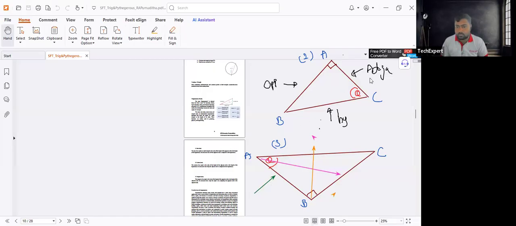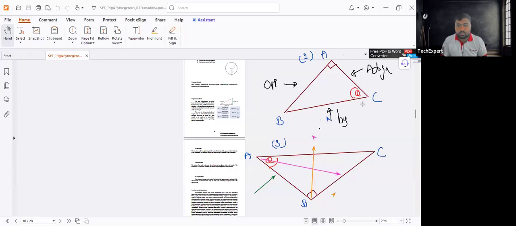Just follow those three steps. First of all, find the hypotenuse, then the opposite side, then the remaining one is the adjacent side. You can also start from the opposite side, that is okay. You can find the opposite side easily, then the hypotenuse and adjacent side. However, it is better to find the adjacent side after finding the opposite and hypotenuse.